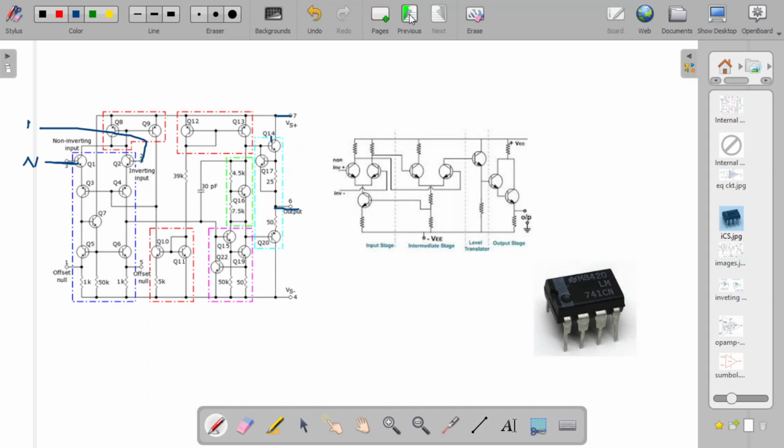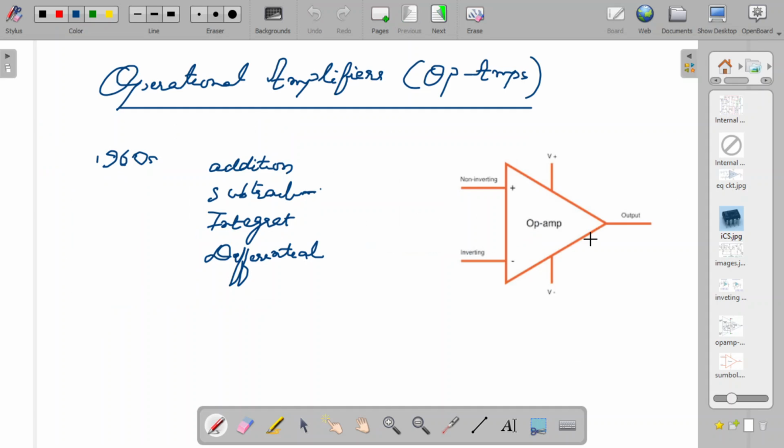As you have seen here, I have the two leads, inverting and non-inverting. Let me call the input at the non-inverting terminal V1, and the input at the inverting terminal V2.